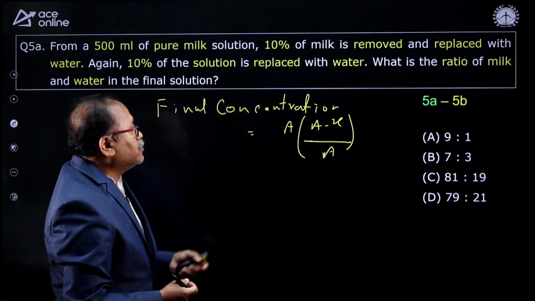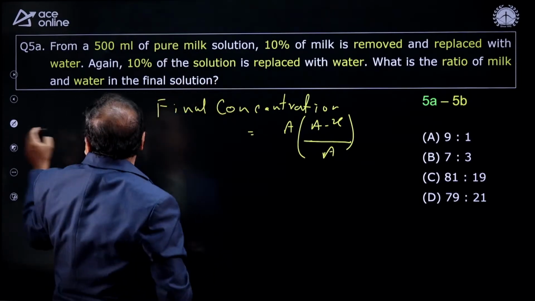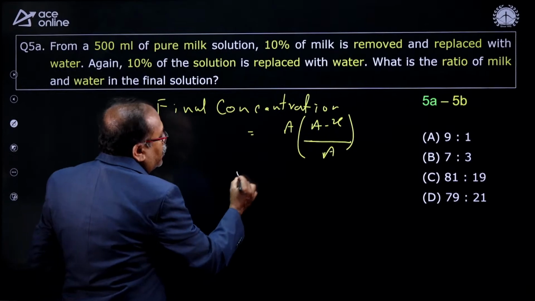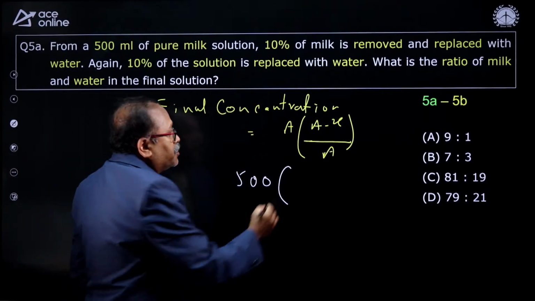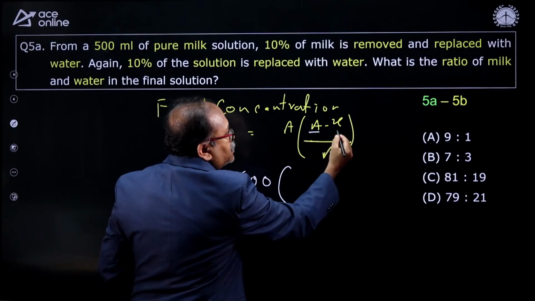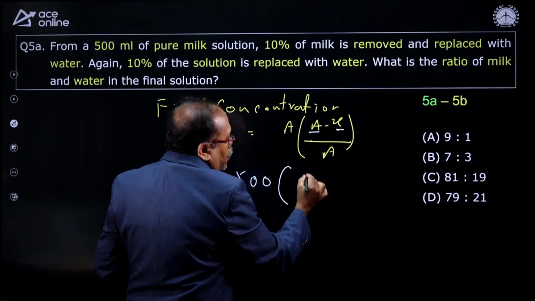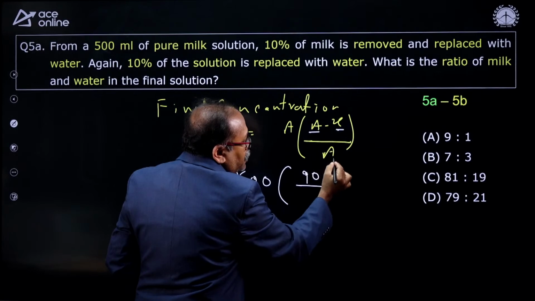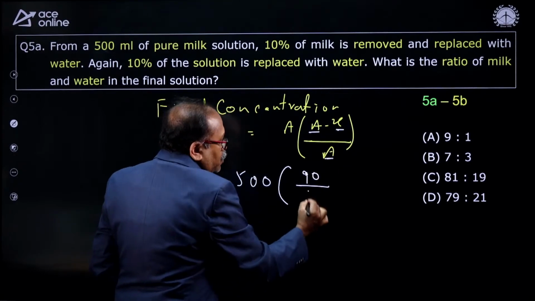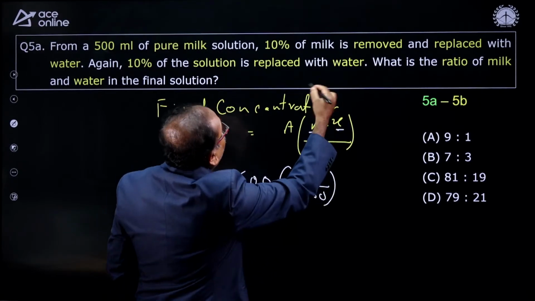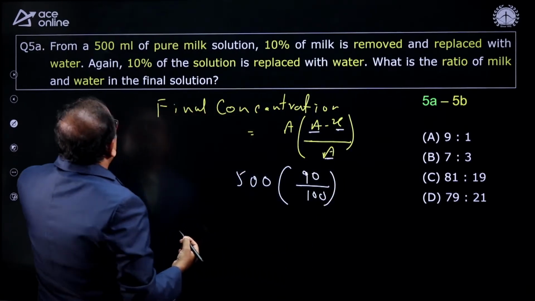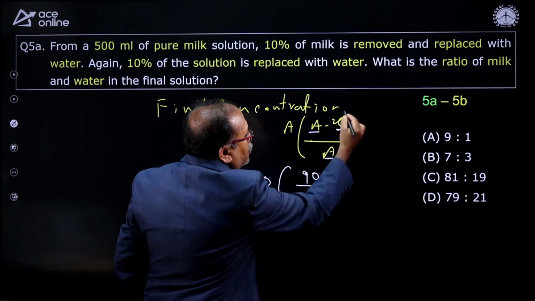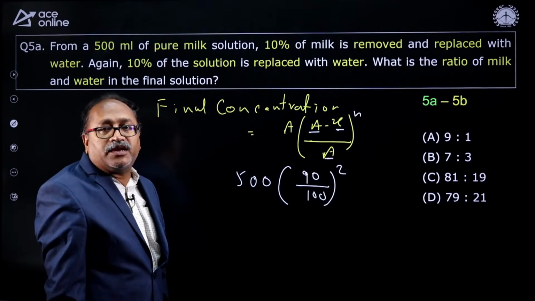So what is the initial quantity? The initial quantity is 500. So let's take this as 500 over here, and 10% is taken out, 90% is left. So this is 100% minus 10%, 90. And the total is always 100%. So it is 90 over 100 to the whole power n. How many times is it done? Replaced with water again. That means it is done 2 times. So my n is 2 over here.